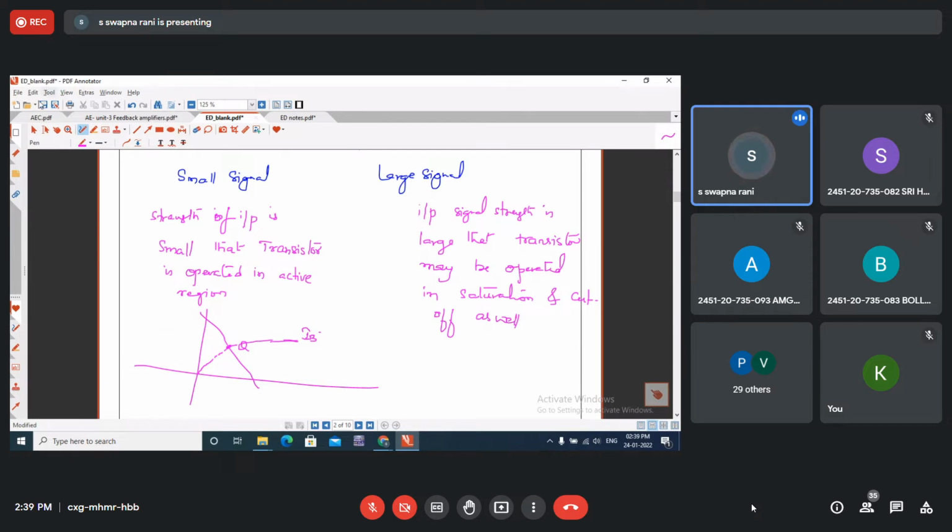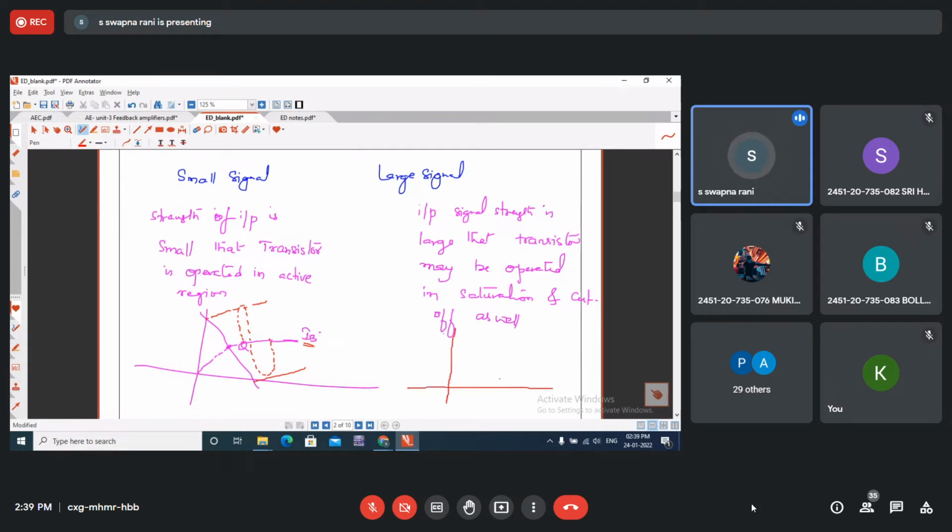As soon as you give some AC input signal, the AC base current will be flowing, superimposed on its DC. So here the strength of the input signal is such that the transistor always lies in the active region.